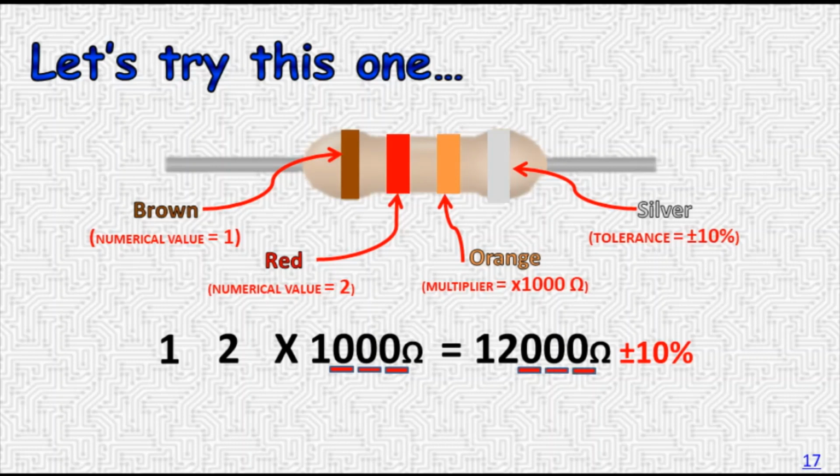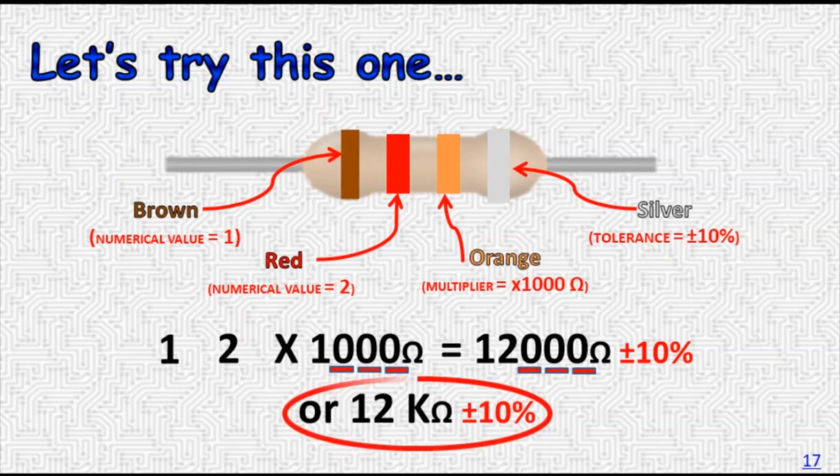So, ibig sabihin, tama yung ating computation. Kung ilan yung zero sa multiplier, in-apply lang din or nag-transpose doon sa ating equivalent value. Or in other words, siya ay 12 kilo ohms. Madali lang, di ba? Hanap pa tayo ng ibang sample.